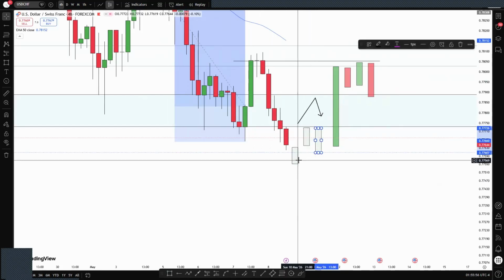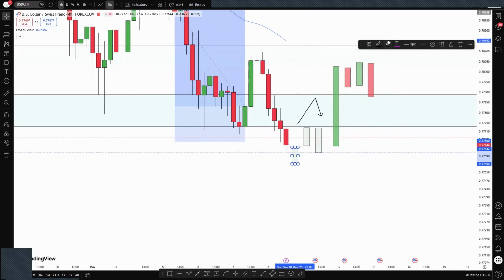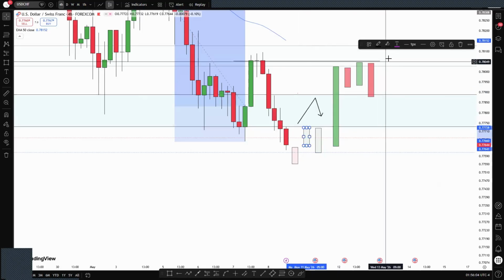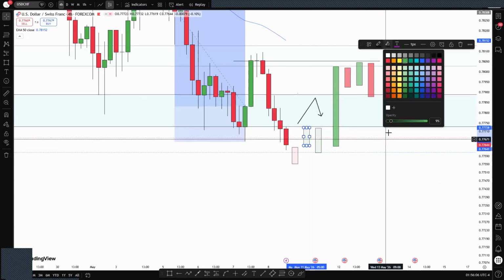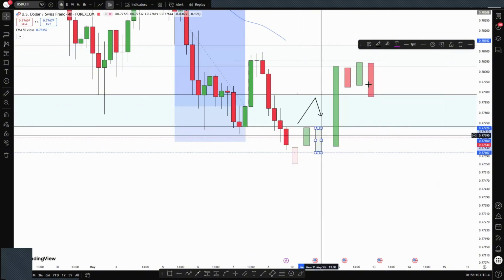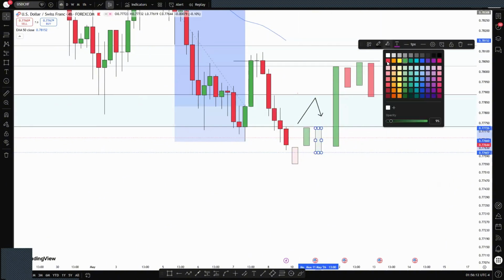So this can be a red candle, this can be a green candle, and this can be a red candle. I just want to show you something important.